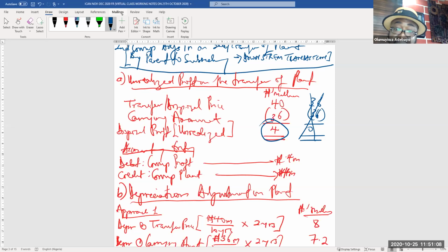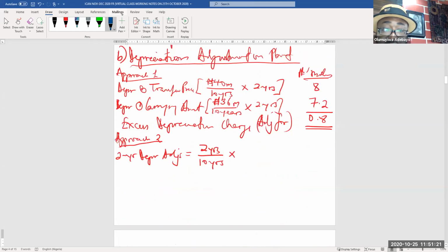And therefore, it means that this 4 million is the only source of the difference that is affecting all of this up to the point of depreciation. Therefore, it then means that rather than work on this part, I'll say this 2/10 as an adjustment of 4 million should give me the 800,000, straightforward.